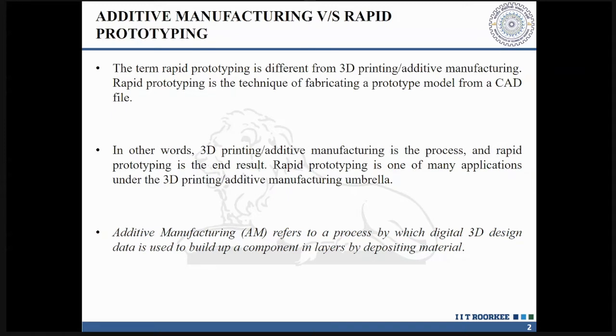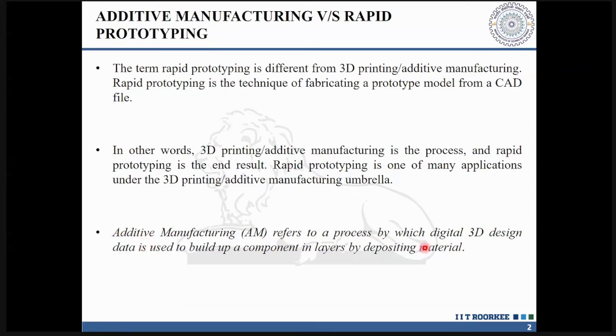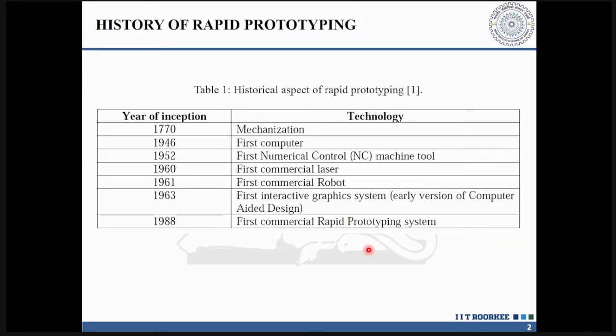So what is AM? AM basically refers to the process of converting a digital 3D design model by manufacturing that product in a layer by layer manner. So it is actually the stacking of a number of layers one over the other to manufacture that particular product.